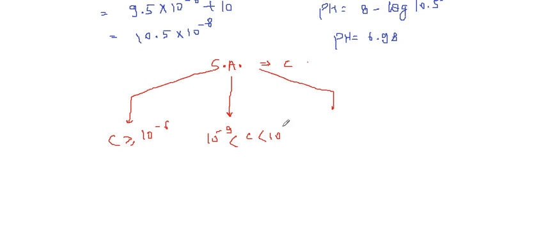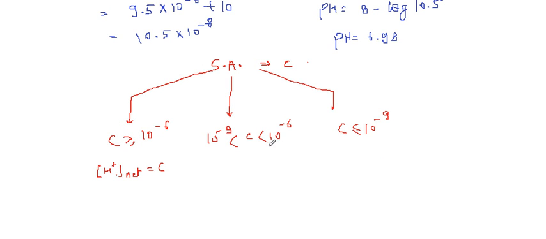Now here H plus net is C. We have seen already in the case of HCl it was 10 to the power minus 2, then pH was 2.